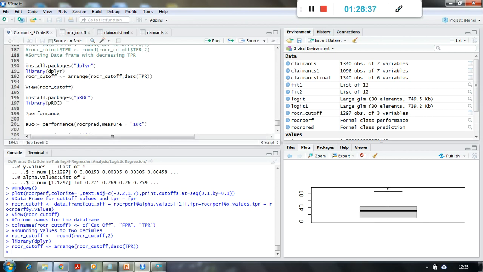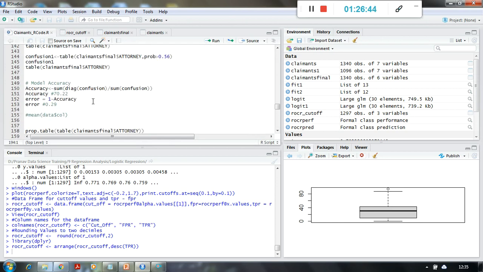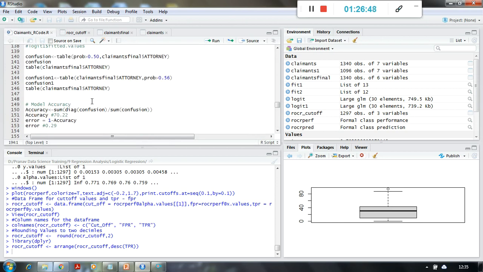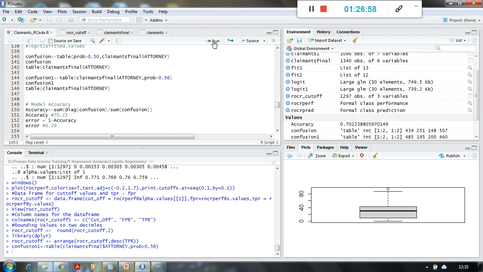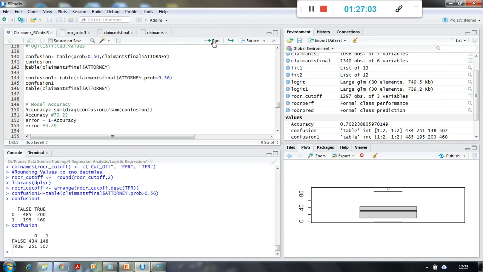Okay, so something like this we have to check for, and then we can use that cutoff in our earlier confusion matrix. So suppose I use 0.56 as the cutoff value, and I plot the confusion 1 over here. So now this is my confusion 1, and this was our earlier confusion. Now look at over here, my correct predictions are 485 plus 460. Earlier they were 434 plus 507.